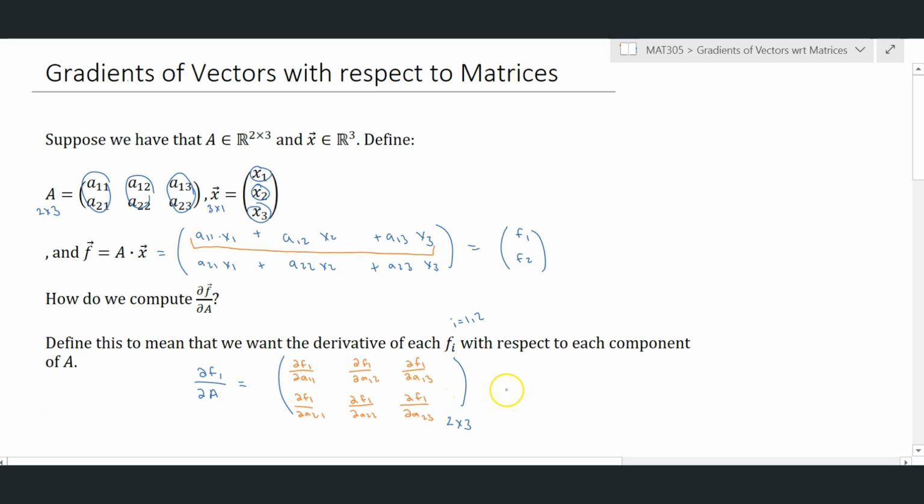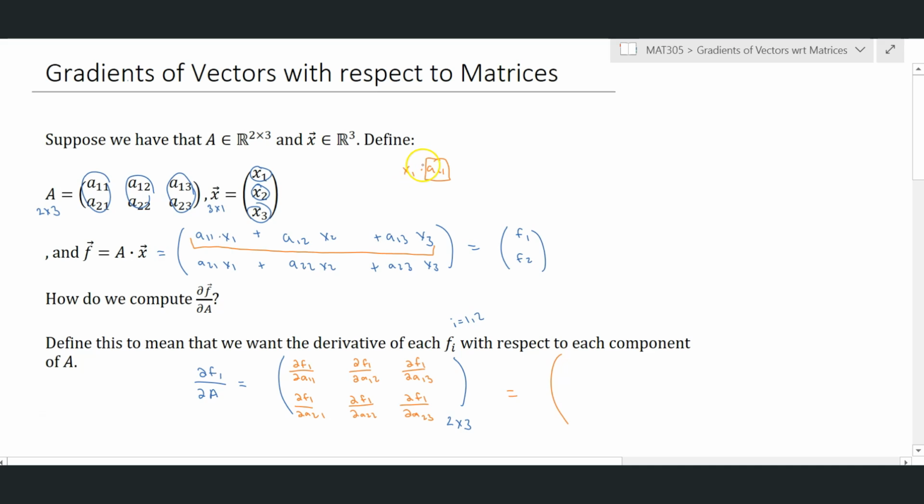Well, let's now ask ourselves, what would be the derivative of this entire function with respect to a11, thinking about a11 as a variable? That means all of the other quantities in this expression are constant. So the derivative of x1 times a11, I'm going to write it like that because we're thinking about a11 as the variable of differentiation, and so think about x1 as a constant with respect to a11.